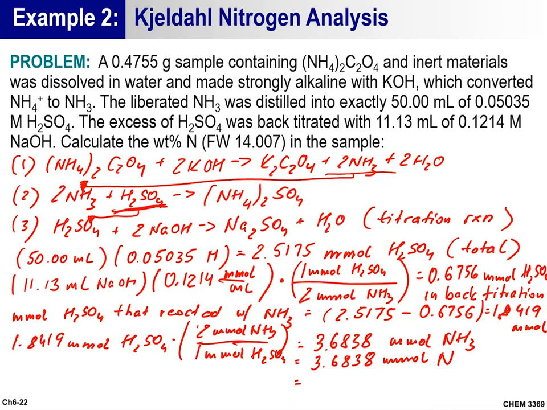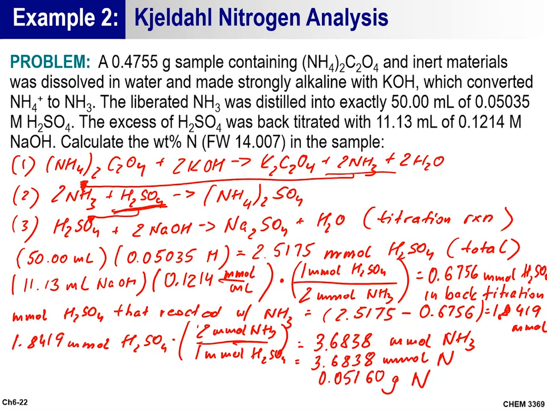Multiplying the millimoles of nitrogen by the atomic weight will give you the mass of nitrogen. Okay, so that mass of the nitrogen will be 0.05160 grams of nitrogen.